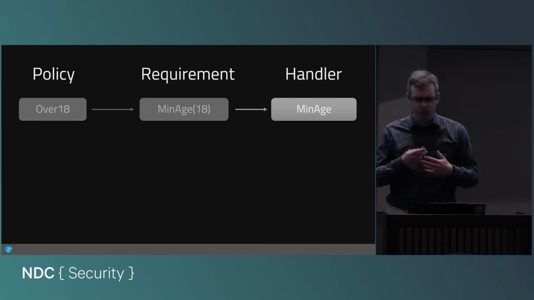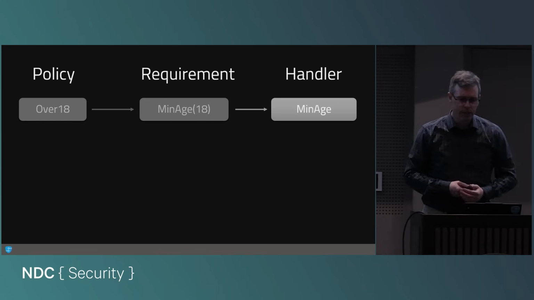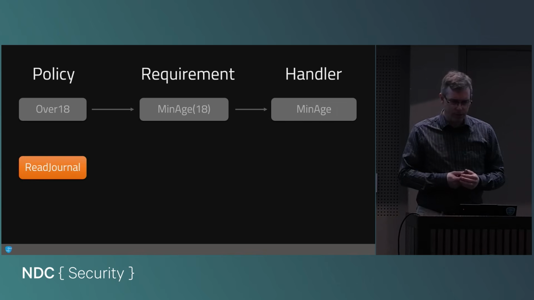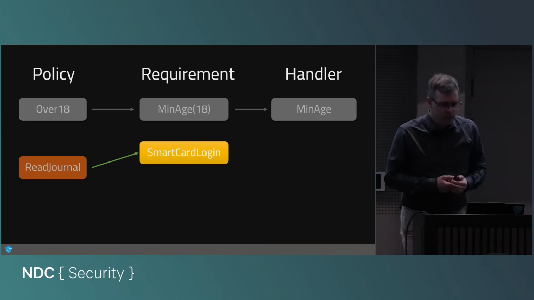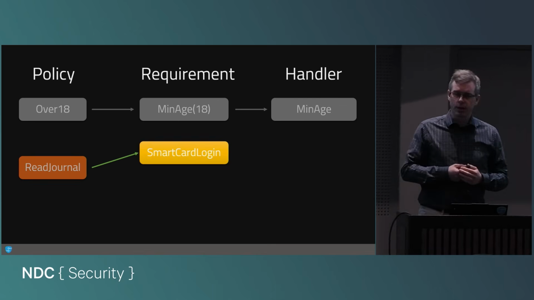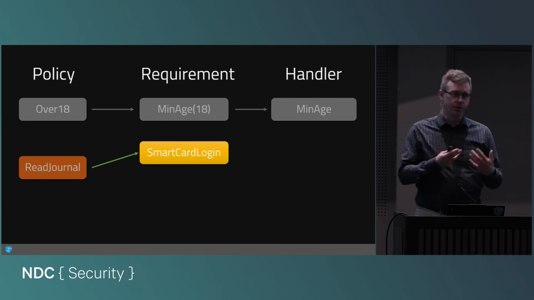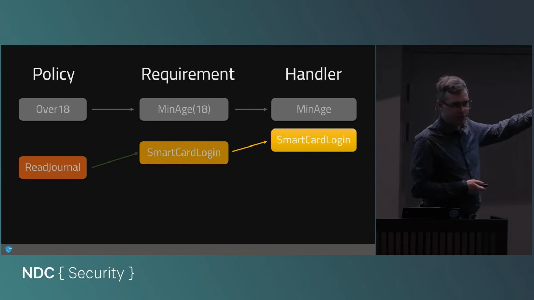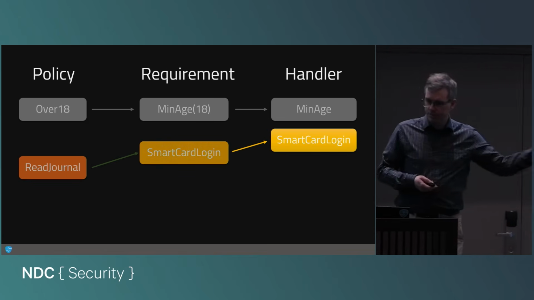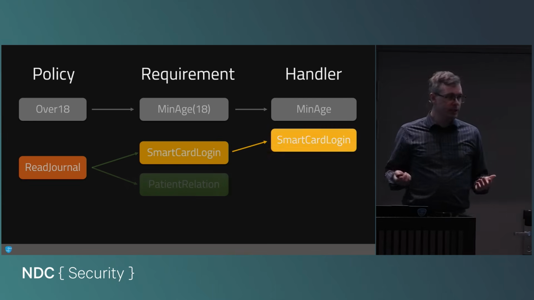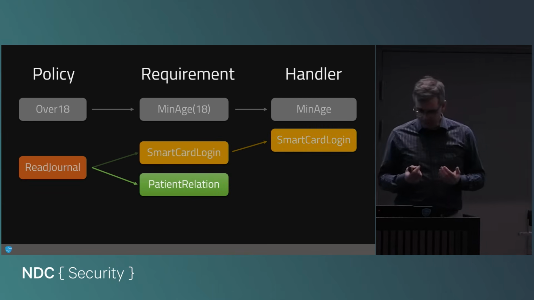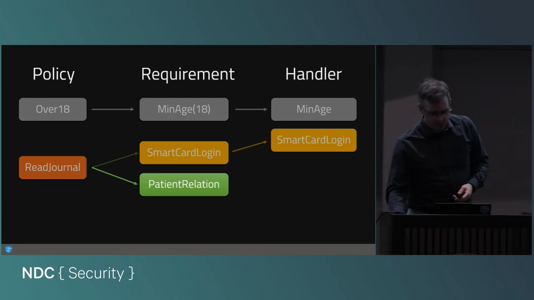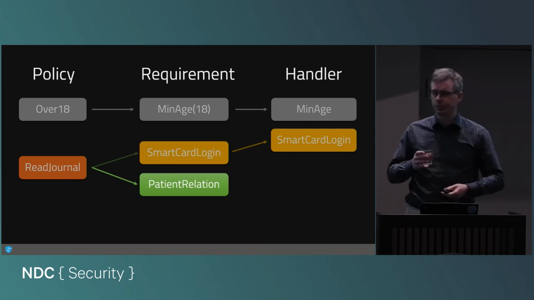Let's look at another one where you might have more requirements than handlers. To read medical records or a journal, at least under Swedish legislation, one of the requirements is that you have to have a smart card login or a strong authentication. And we can have a handler that checks the login method before we allow access to medical records. Another requirement is that as a medical professional, you're only allowed to read medical records if you have a relation somehow to the patient.